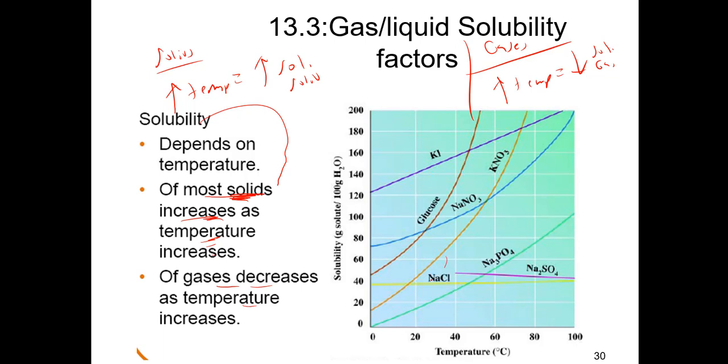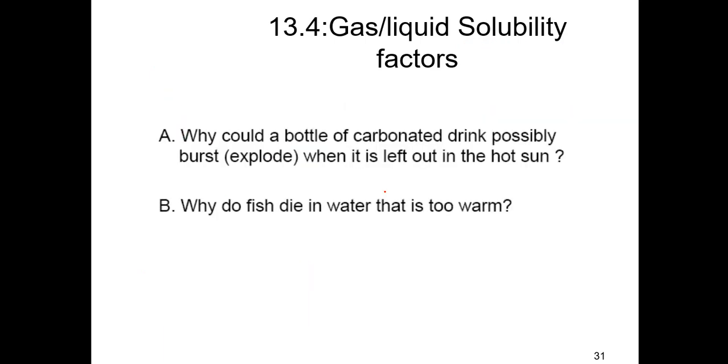You don't have to memorize all these numbers here. I just want you to memorize the trends. So why would a bottle of carbonated drink possibly explode when it's left out in the hot sun? Well, this is a gas. So as the temperature increases, the solubility decreases.